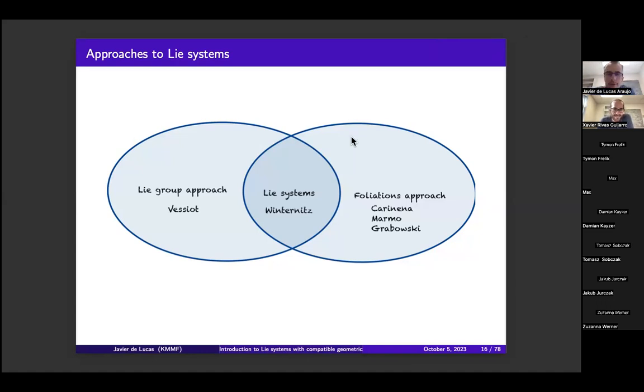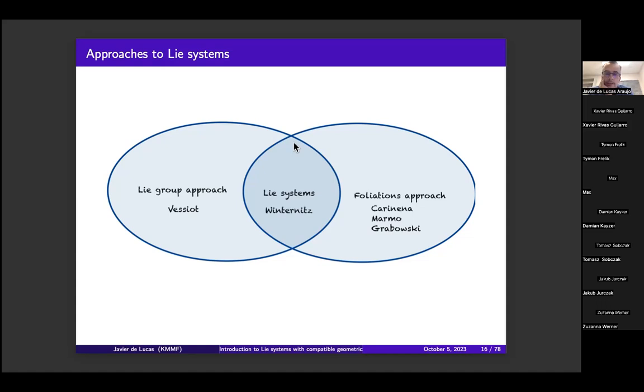Oh, thank you, Xavi. Well, I will continue from the end of the last talk, and I will repeat a couple of things I did the last time quite fast. So let me remind you that this talk is about a class of ordinary differential equations called Lie systems.